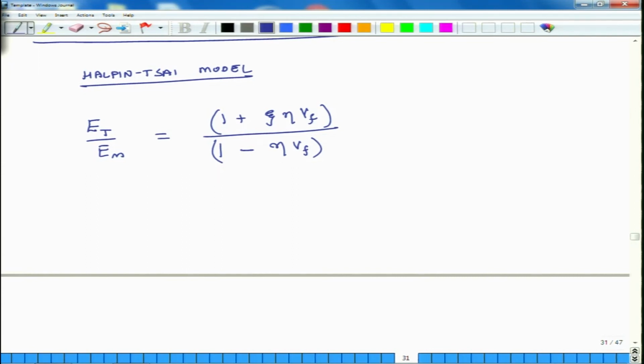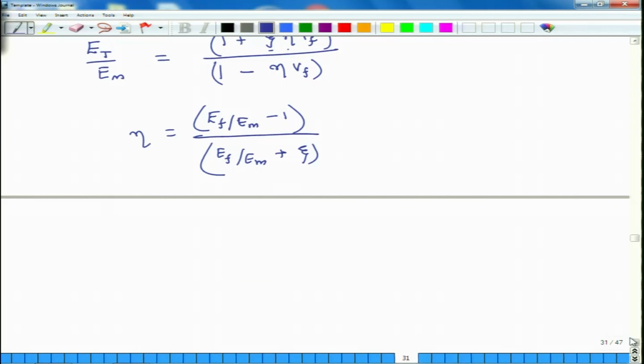And you would ask, what are these things, zeta and eta? So, eta equals Ef over Em minus 1 divided by Ef over Em plus zeta, okay.